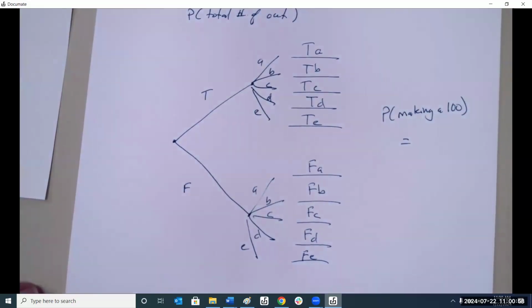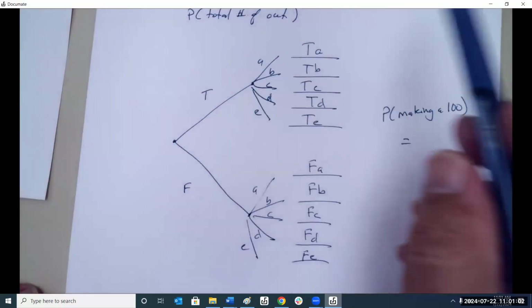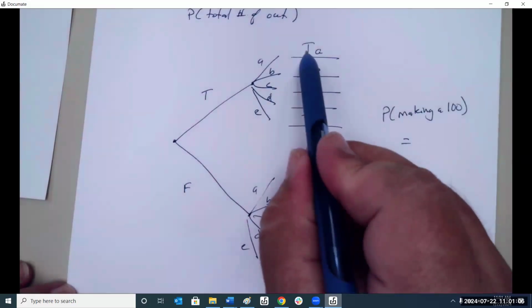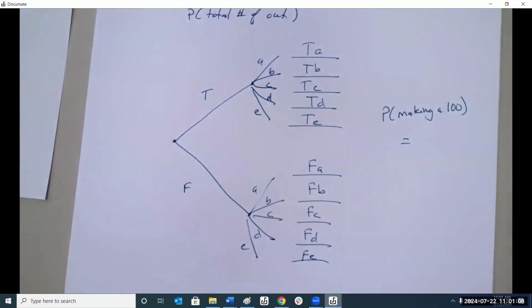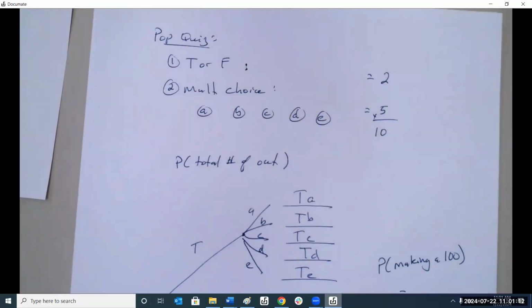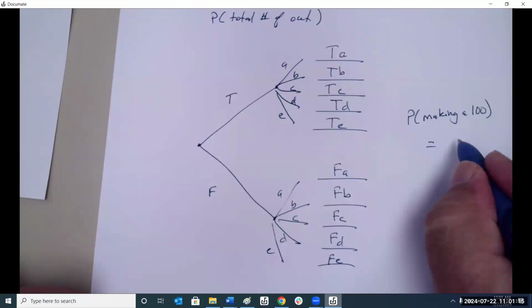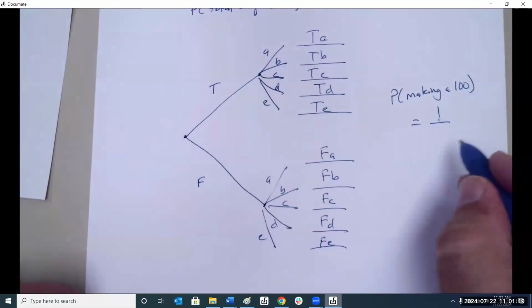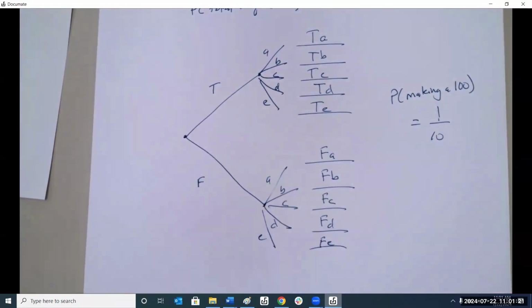How many right answers are there? There's only one. The right answer is going to be true A, true B, or whatever. There's only one of those. There are 2 questions, but there's only one of them that's correct. Out of how many? So that's the probability of making 100.